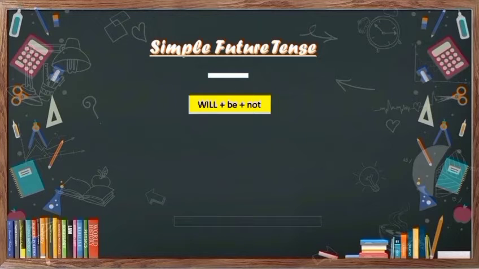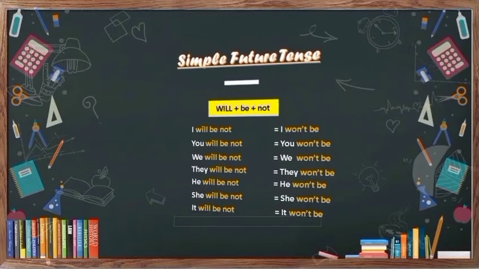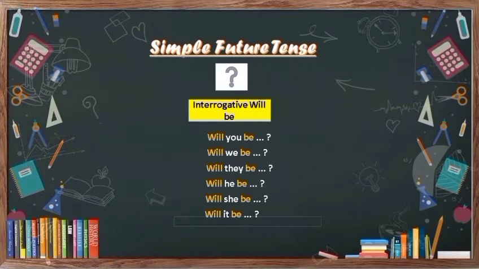For the negative, we can see that there is a slight addition of the word not, and the form is not much different from the previous will. We just need to add the word be after not. Then, how is the interrogative sentence of will be?